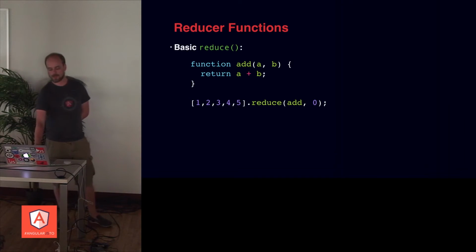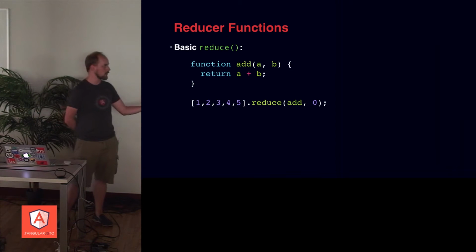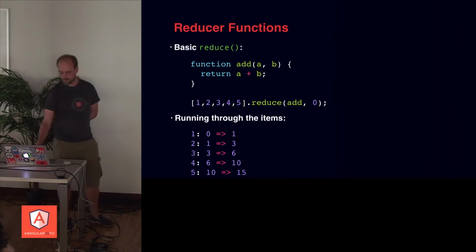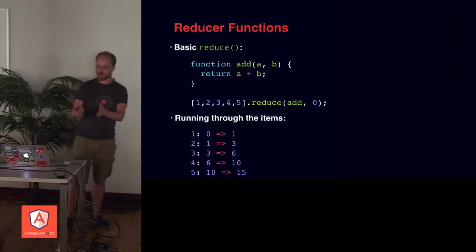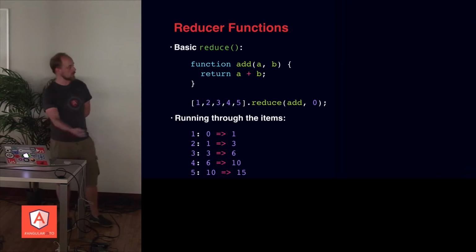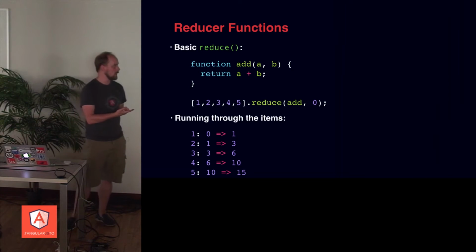So the classic case of a reducer is a function that sums an array. If I can take a function that adds two numbers and I pass it to reduce, it will get called on those numbers progressively, and you will end up with the sum of all the items in the array. So essentially what we see here is that reduce is something that takes a collection and produces a single computation out of it.